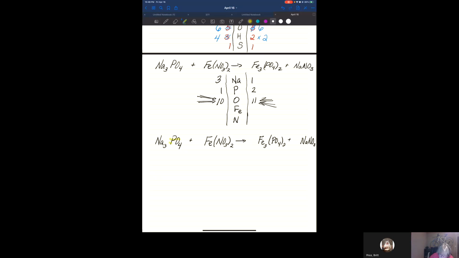Notice phosphate, PO4. I've got PO4, I've got PO4. It's sticking together as a unit, right?